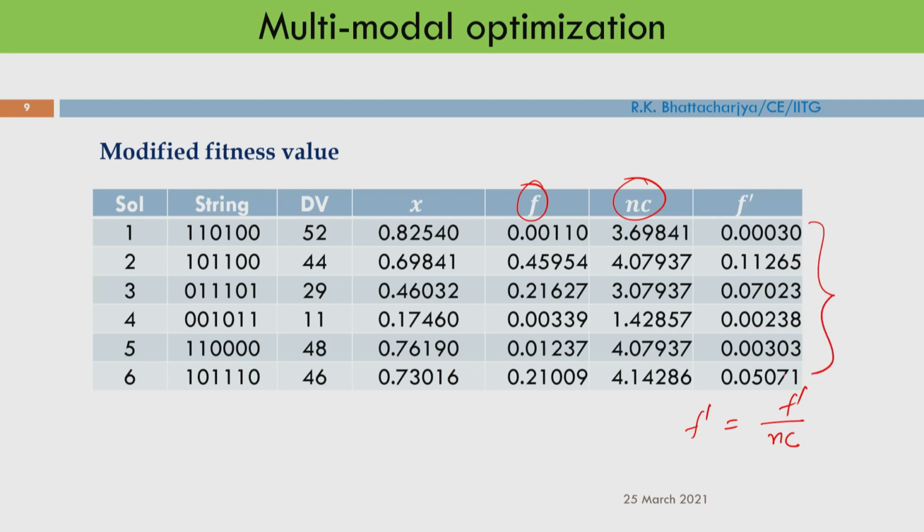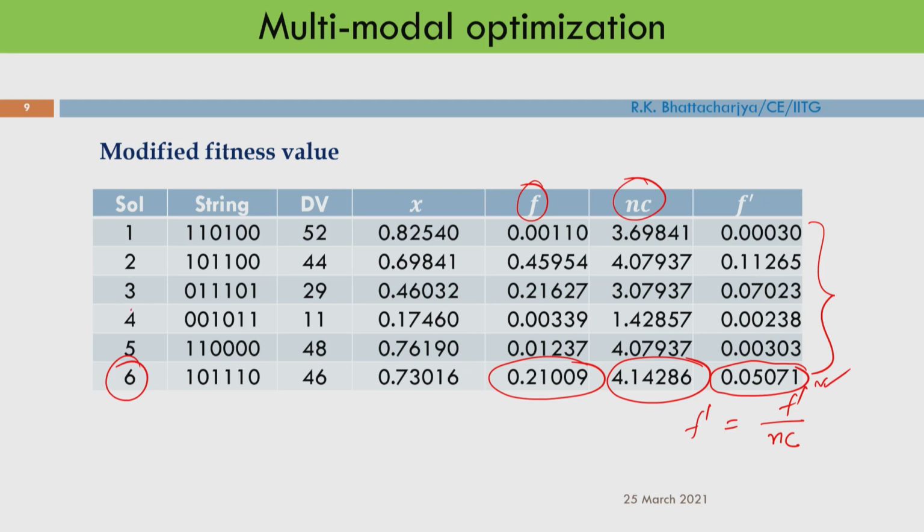You can see that the original fitness of solution 6 is 0.21009, and this is a crowded solution, and the niche count value was very high, that is 4.14286. So, now the fitness value is reduced to 0.05071. So, the fitness value has been reduced for this.